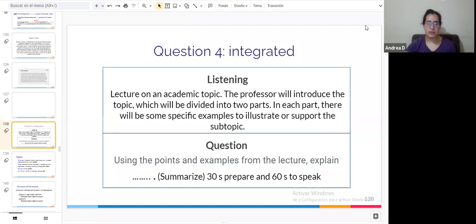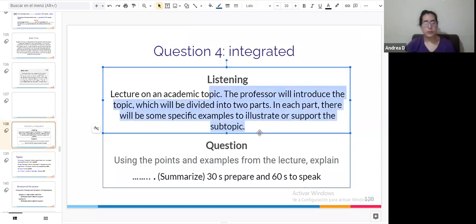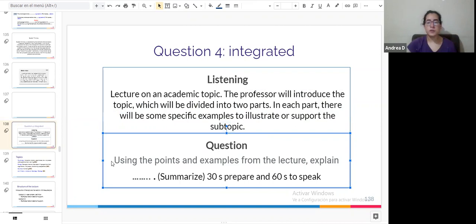So everything about this question will be extracted from the listening part. So the thing is, you will listen to a short, sometimes not too short, academic lecture in which the professor will be explaining this topic. And then you get the question, which is always, "Using the points and examples from the lecture, explain..." whatever the topic is.